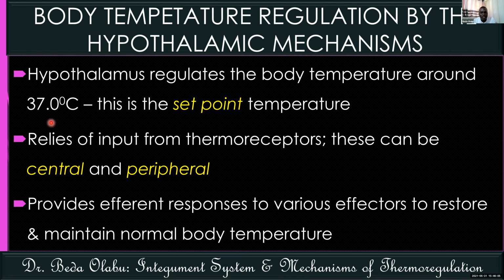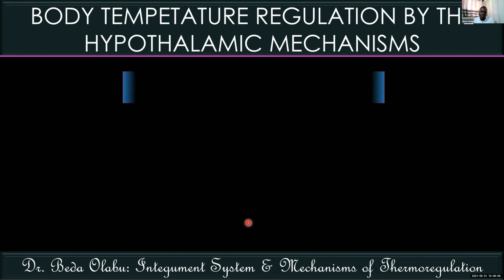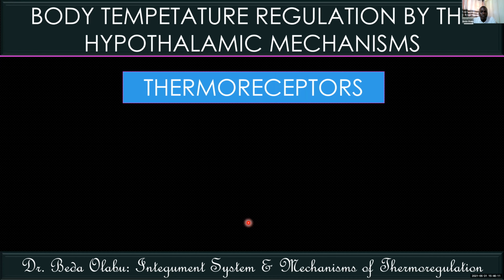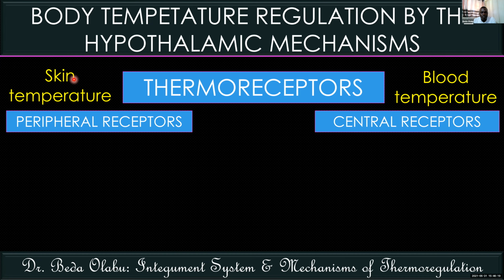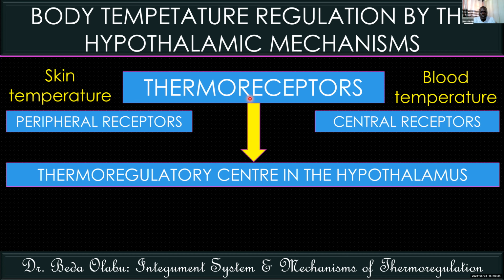Responses which go to various effectors with the aim of restoring the 37.0 and maintaining it there. So let's see what happens. We are saying we have thermoreceptors, which can be detecting the temperature of skin, but also detecting the temperature of blood. The ones detecting the temperature of skin are peripheral thermoreceptors. The ones detecting the temperature of blood are central thermoreceptors. The thermoreceptors take the information to the hypothalamus.